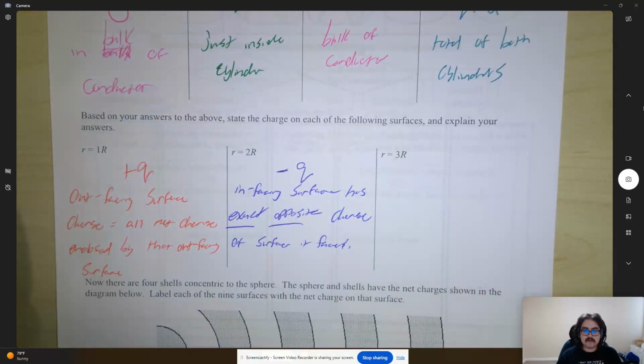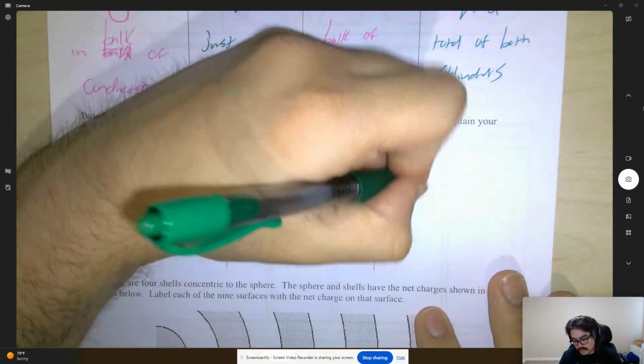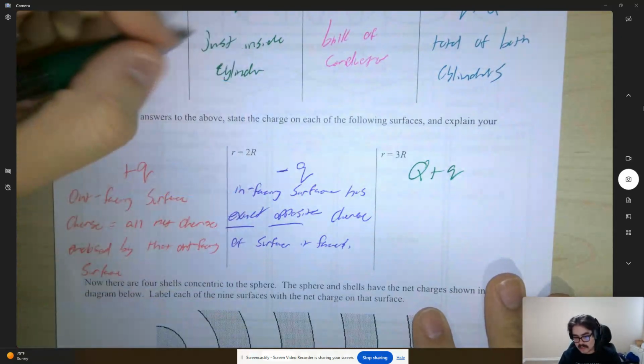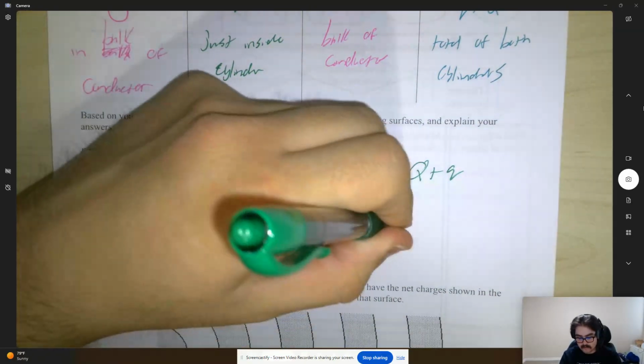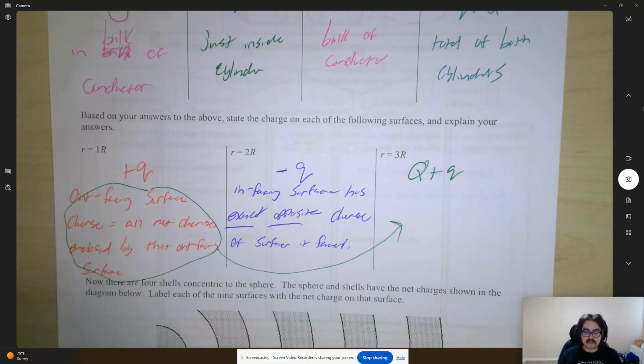So same number of charges, opposite sign. And then 3R, same thing, is going to be q plus big Q, because again, outfacing, same reasoning as this right here.